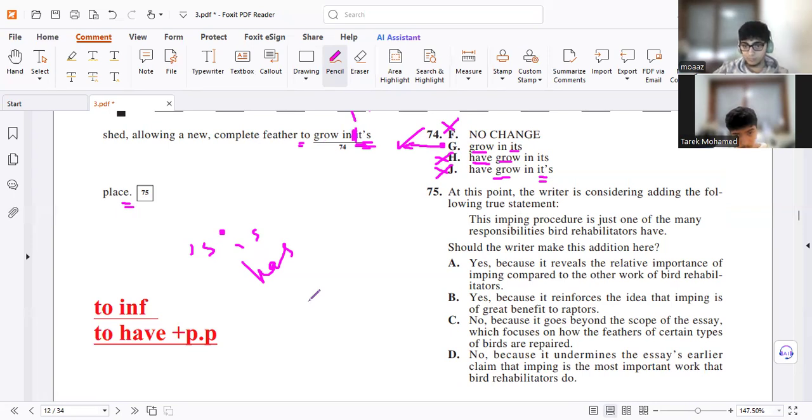Now let's try the next. Yeah, it's A. It's going to be A.